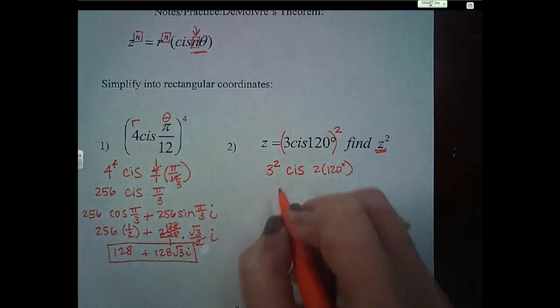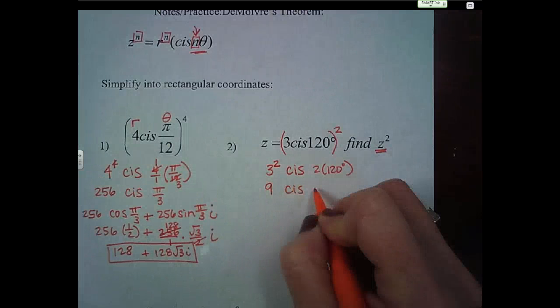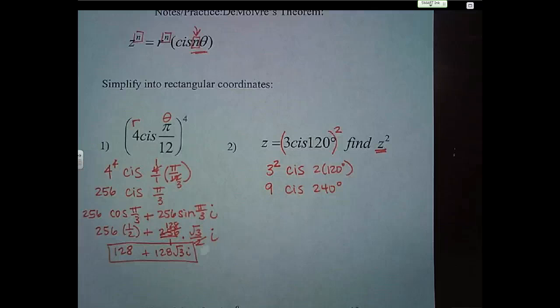So 3 squared would give you 9 CIS, and 2 times 120 is 240. You now have it simplified out, no exponents, it's nice and pretty in CIS form.